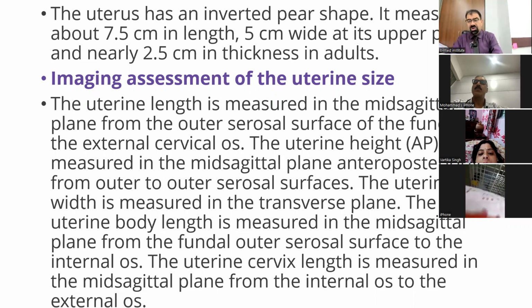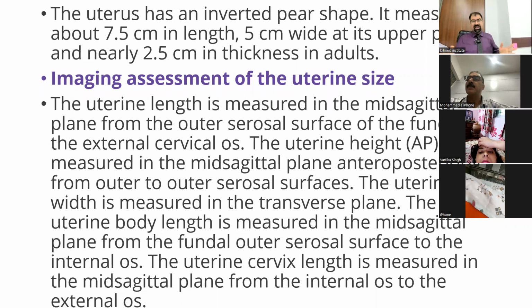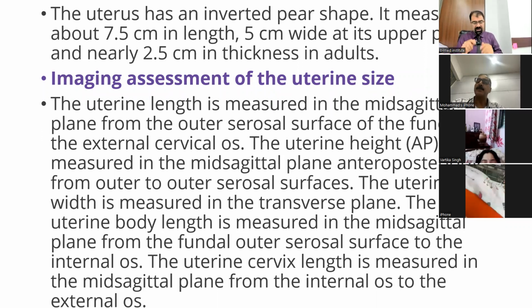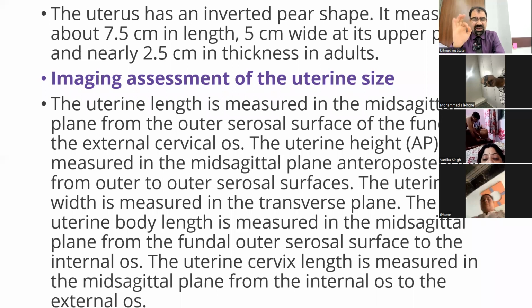Now I am counter questioning you. Whosoever is with me online, please tell me, can I take the measurement of length in a transverse section? Yes or no? In your comment box. Repeating the question, can I take length in a transverse section? Yes or no?